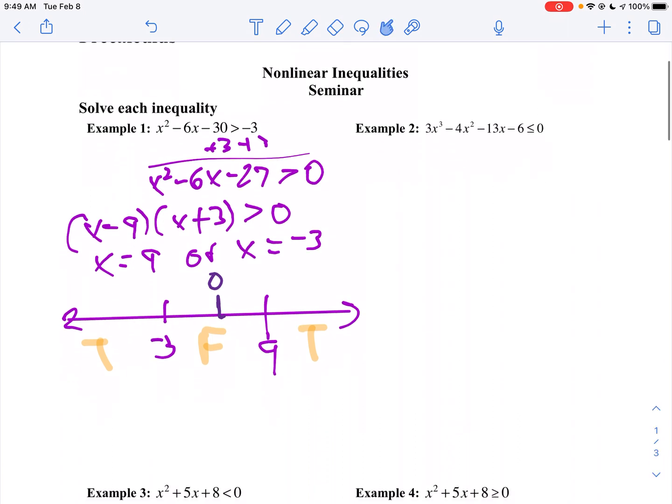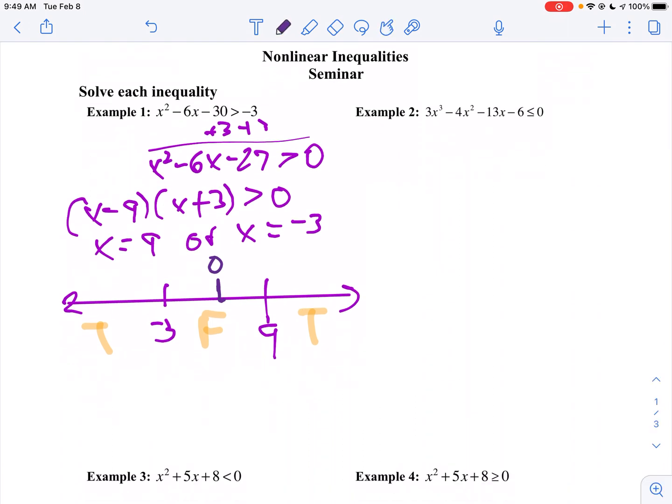So my answer, x can be anything from negative infinity to negative 3, and from 9 to positive infinity. I'm going to use parentheses because it's greater than; you're not including the endpoints.